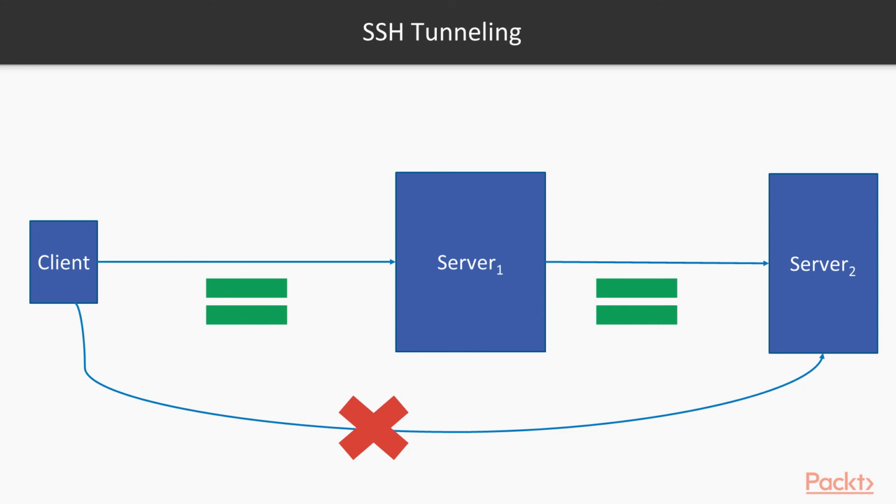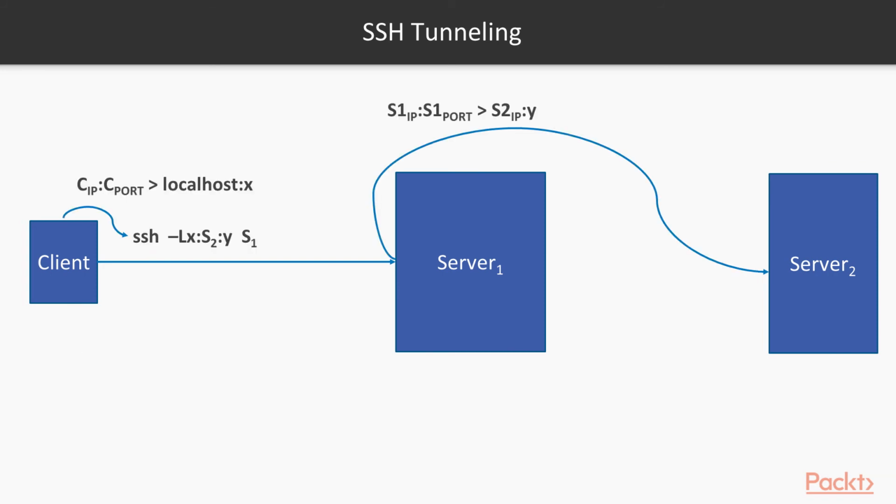What can you do in this situation? Well, if you can use SSH, then you can use the command line option -L. And then you can specify an X port, the server address, server 2, and then Y port. And then you can log into server 1 with this SSH command.